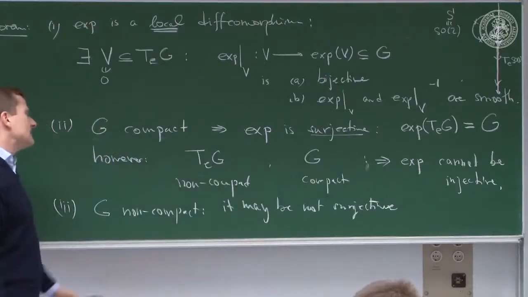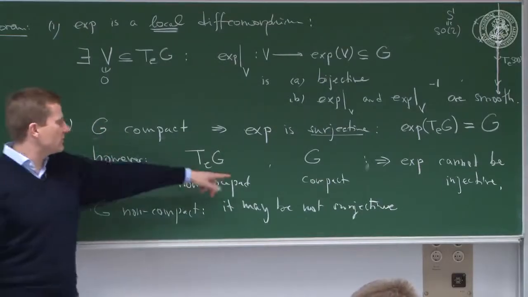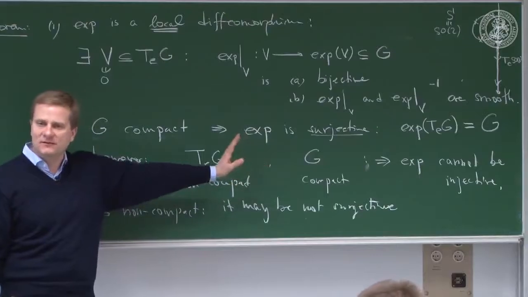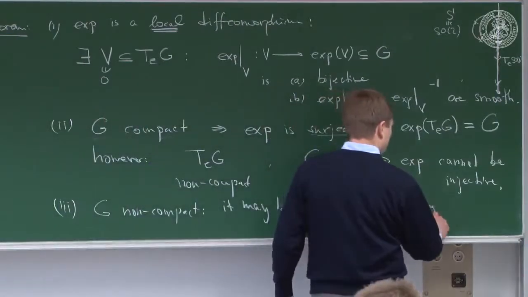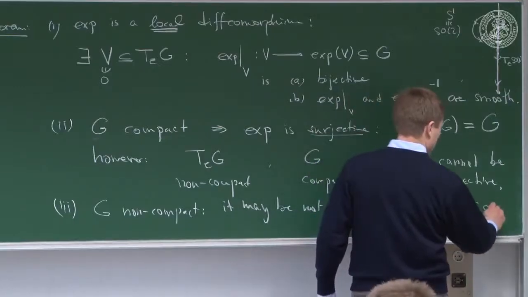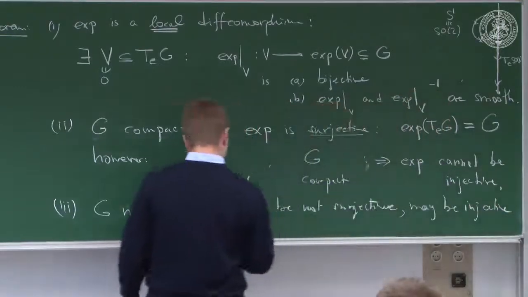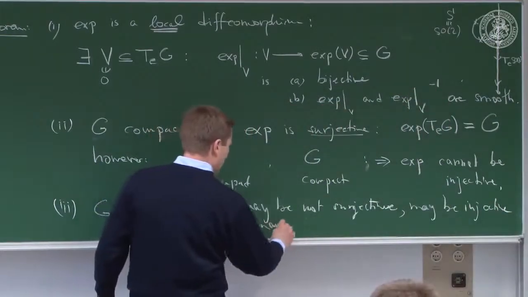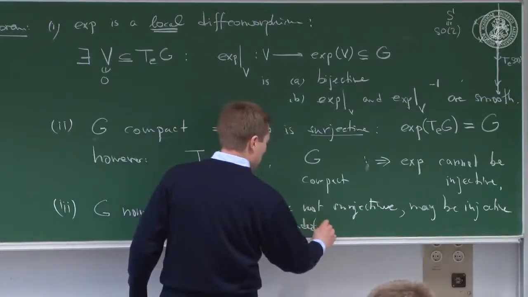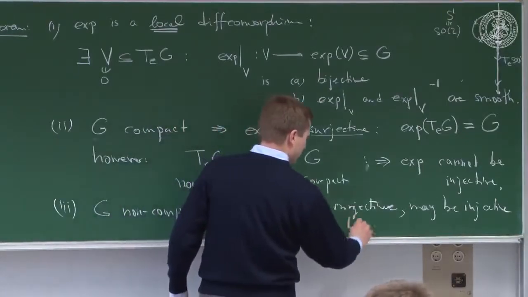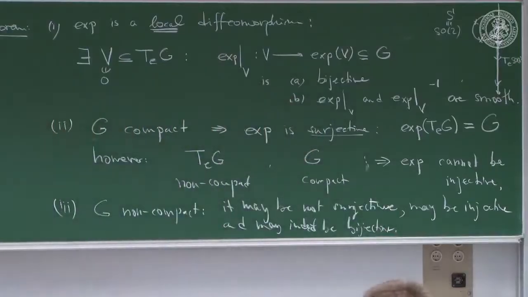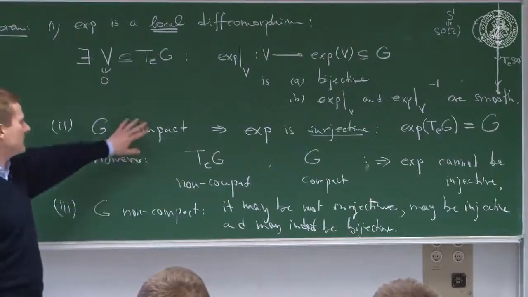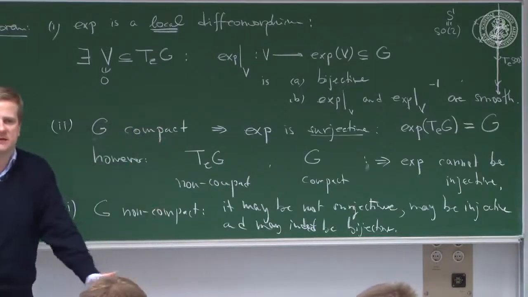But it now could be injective because you no longer run into this trouble. Yeah? And it can be both. It may not be surjective, may be injective, and may indeed be bijective. But you see, part 3 says nothing. Okay, it just warns you that nothing of what you concluded here applies there.